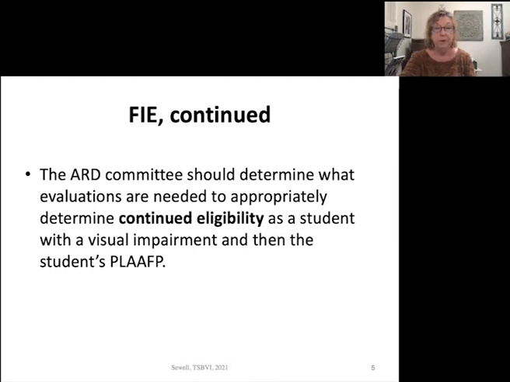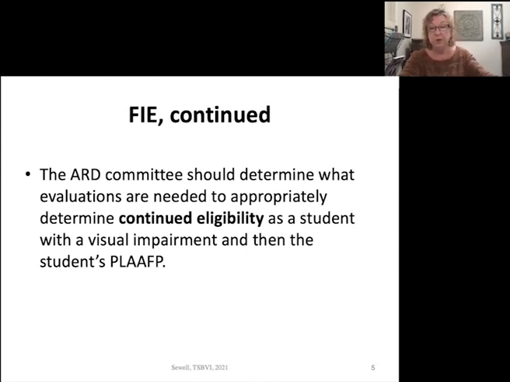Just a little bit more information about the FIE. The ARD committee should determine what evaluations are going to be needed to appropriately determine continued eligibility as a student with a visual impairment, and then they will develop the student's present level of academic achievement and functional performance.